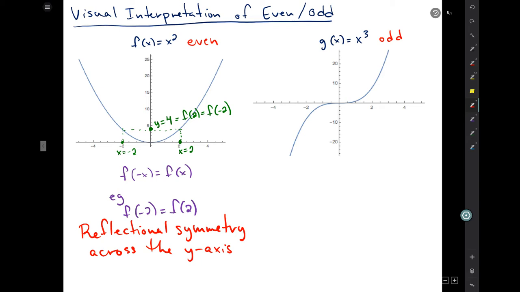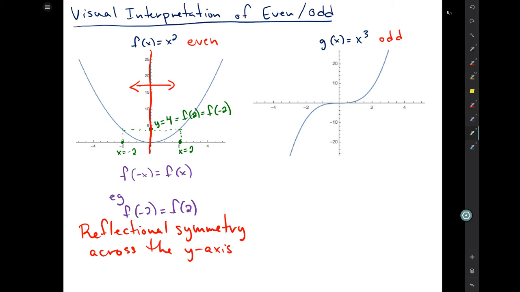So if I look at the y-axis in this picture, I can reflect my picture over that axis and the graph will line up on itself. So that's what I mean when I say that there's reflectional symmetry across the y-axis. So now let's look at our odd function. So that's for every even function. Even functions have reflectional symmetry across the y-axis. Visually, that's how you can tell that they're even.